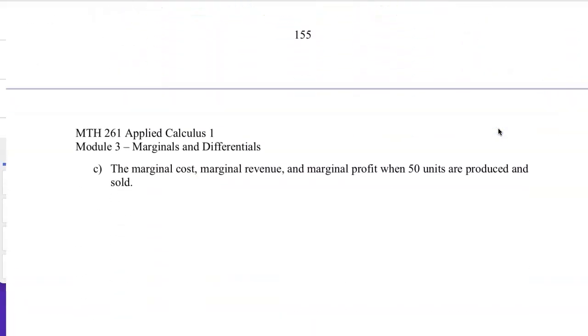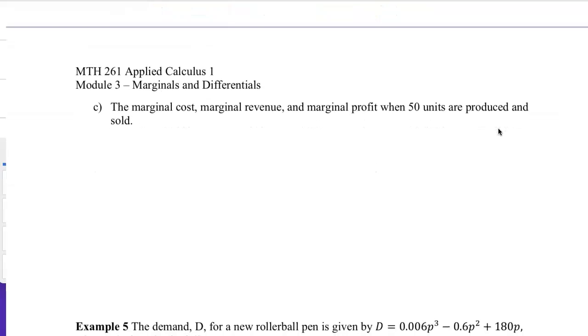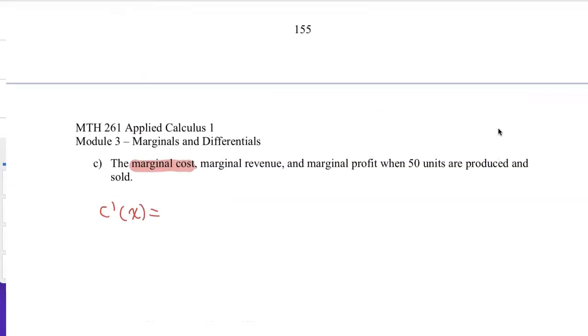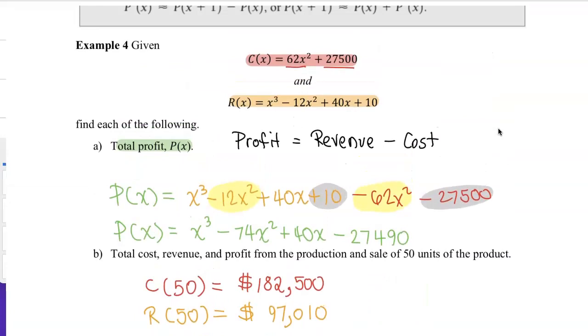All right, so part C is asking us to find marginal cost, marginal revenue, and marginal profit. Now for this part, let me highlight and try to color code these. To find marginal cost, you will take the derivative of the total cost function, okay? So let me go back up and find that total cost function. So here it is.